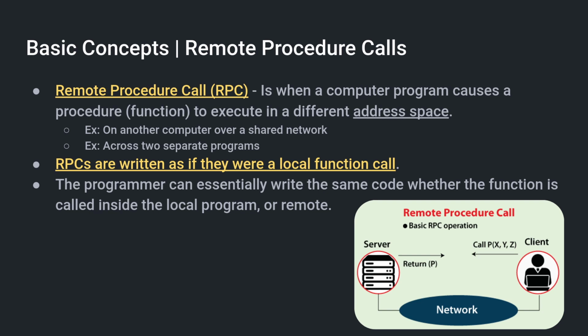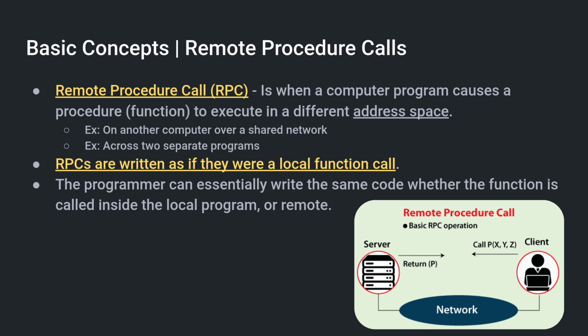For example, if you had your computer and another computer, you'd be able to call a function on another computer. If you had two separate programs, you'd be able to call a function from one program that would communicate to the other program and call the function there.